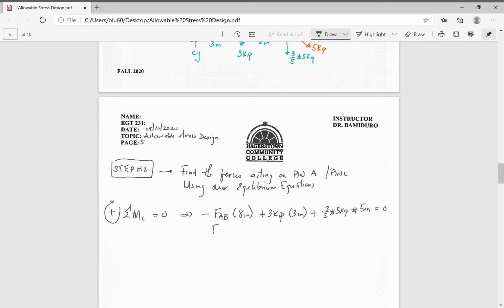And then we get our FAB to be 3 kips, or if you want to say that's 3,000 pounds.